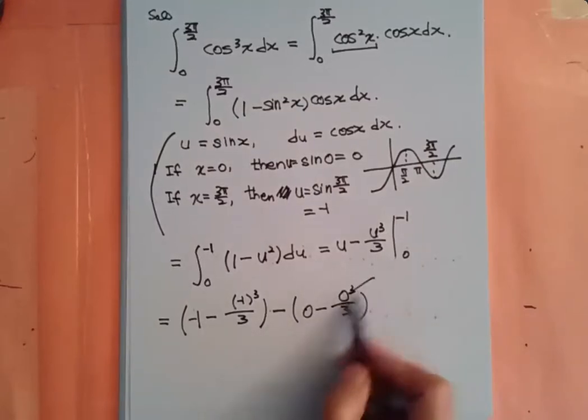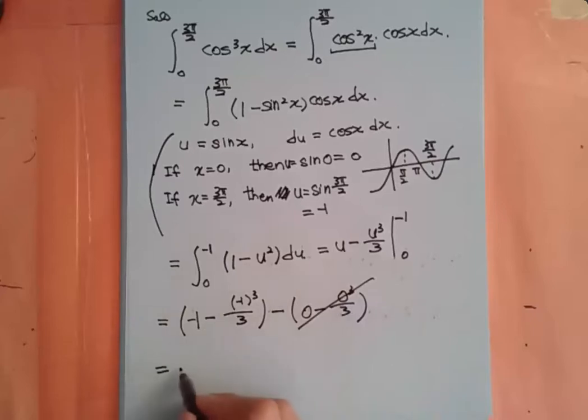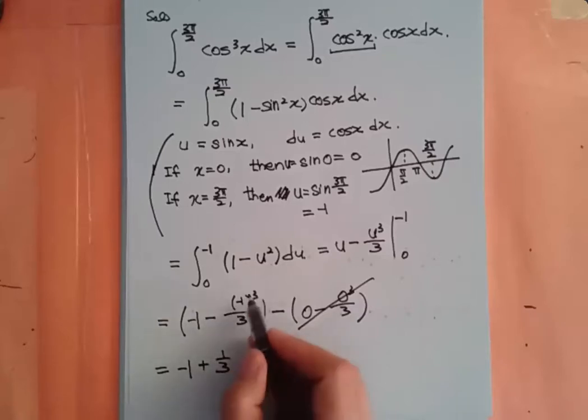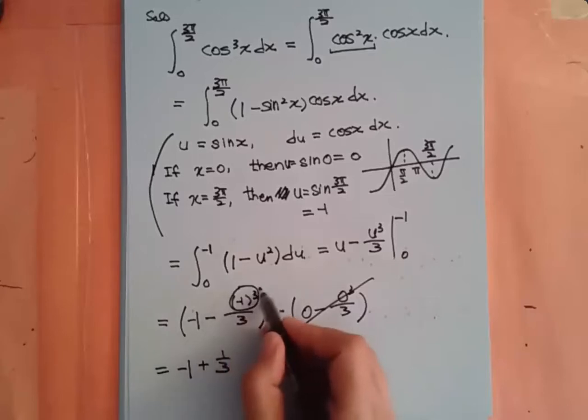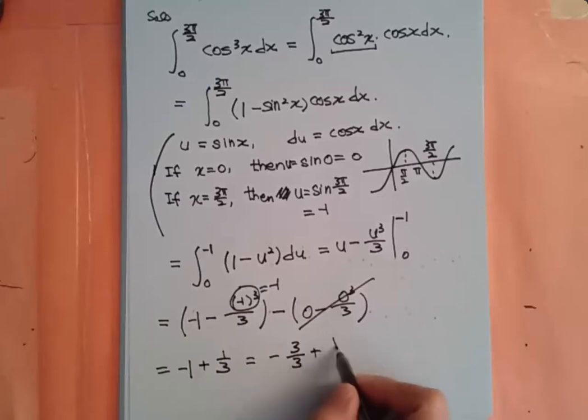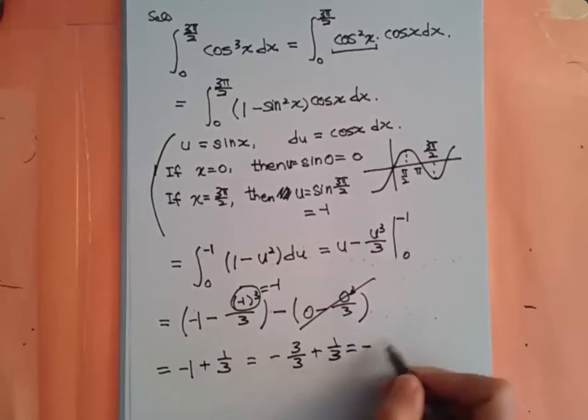And so this one will vanish. And so that becomes -1 plus 1/3. Right, so minus minus will make plus because this is an odd degree power. So -3 over 3 plus 1 over 3, which is -2/3.